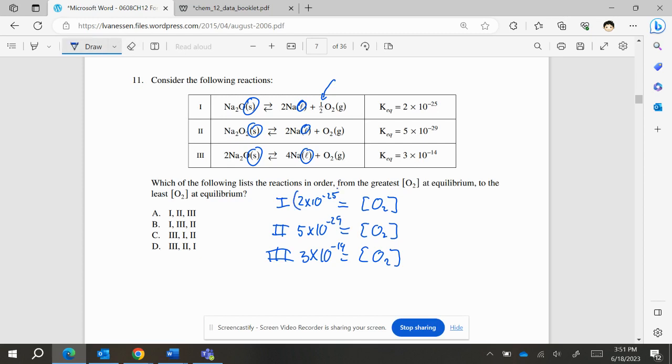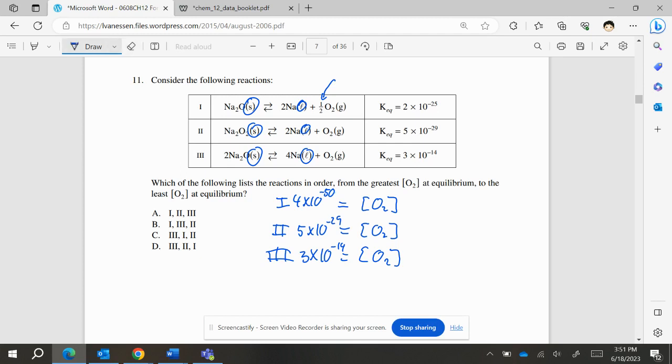If I square this side right here, 2 times 2 is 4, and 10 to the negative 25 times 10 to the negative 25 is times 10 to the negative 50. So this value is actually going to be 4 times 10 to the negative 50.